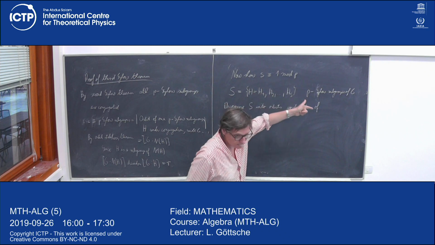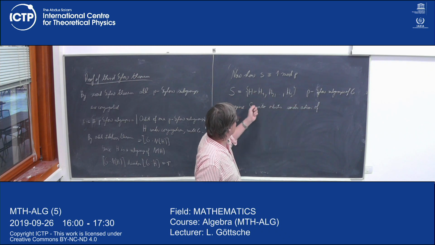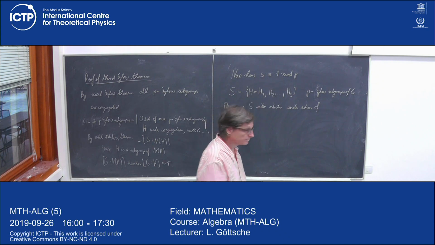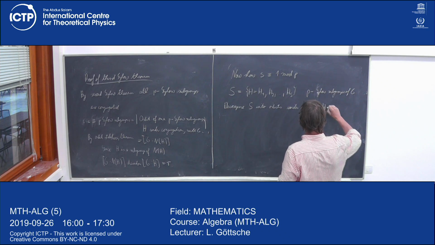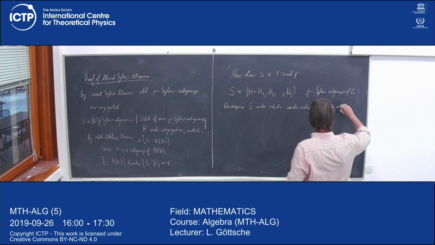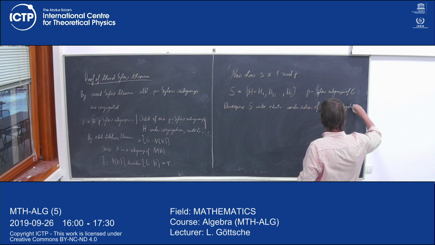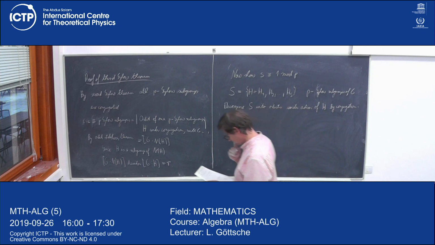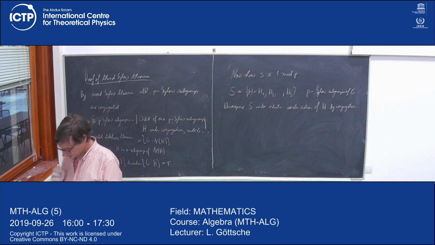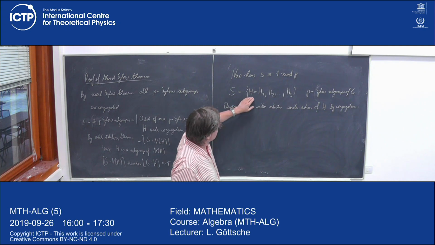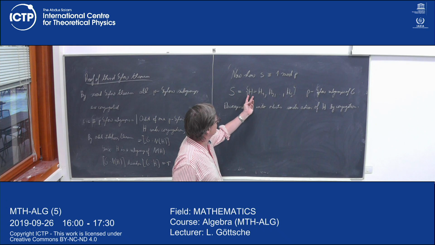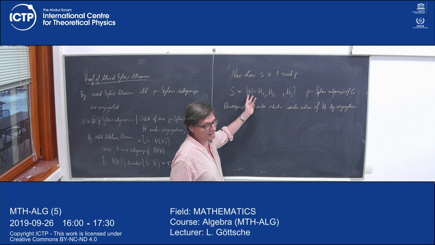So we take the orbits under conjugation by H. It's kind of clear that if we look at the orbit of H under conjugation by elements of H, that's just one element, H itself.